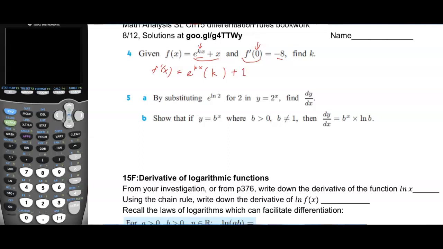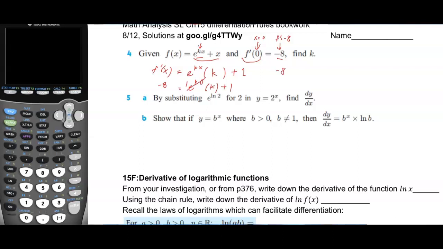Now we also use the fact that x is equal to 0 and the derivative is equal to -8 at a certain point. So we can substitute those in. We could put -8 here, and we could put 0 in for x. And then we can use algebra to solve for k, because e to the k0 is e to the 0. E to the 0 is 1.